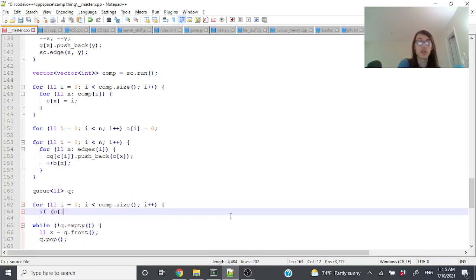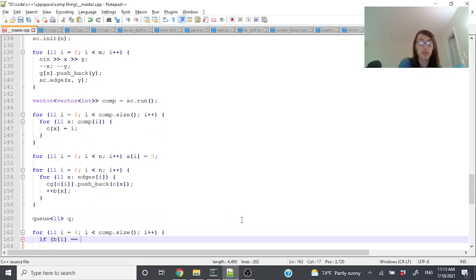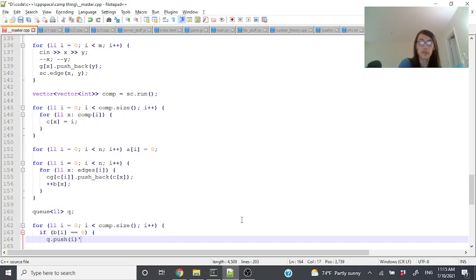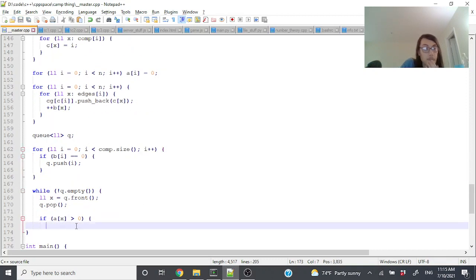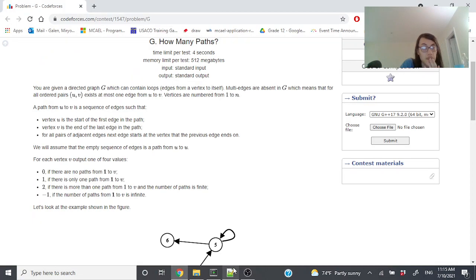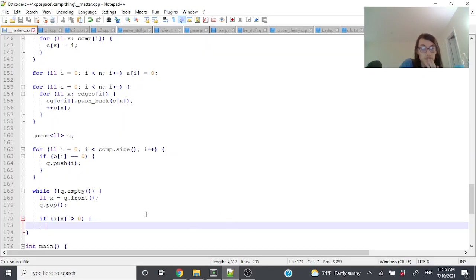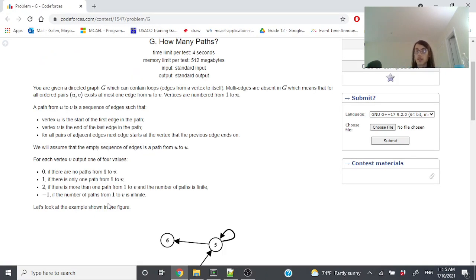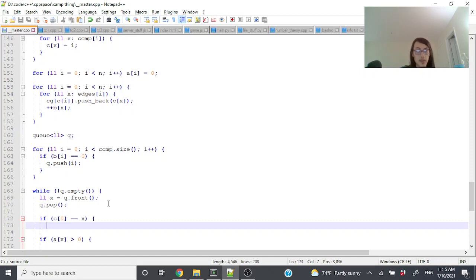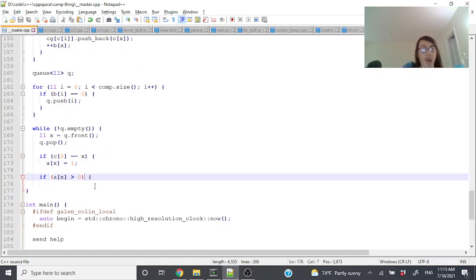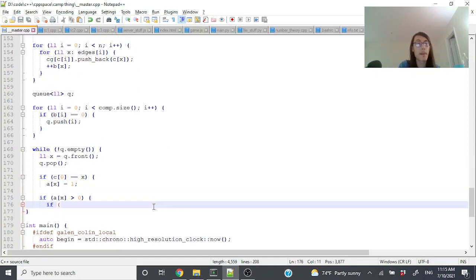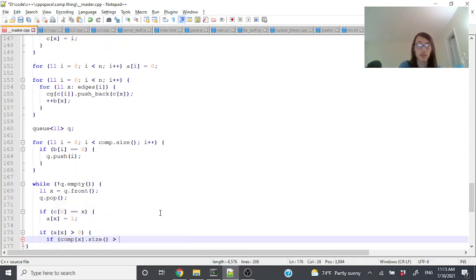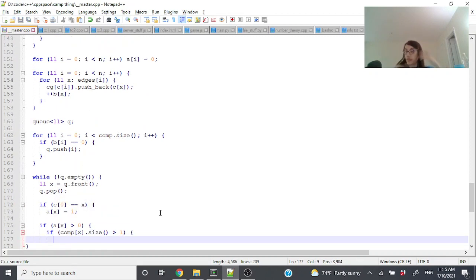If bi is equal to 0, q dot push I. If ax is greater than 0, okay, wait. So if the component of 0 is x, then the answer is ax equal to 1. Now, if comp x dot size is greater than 1, then if we have one path, we have infinite paths. So that's it. So ax is equal to -1.